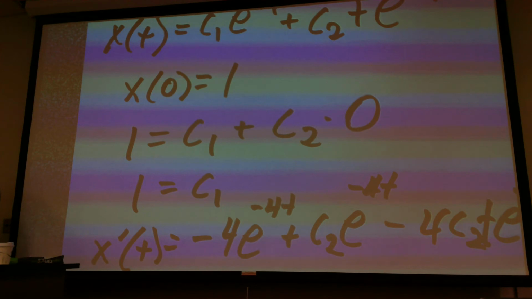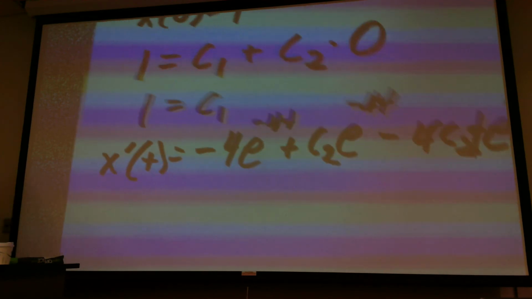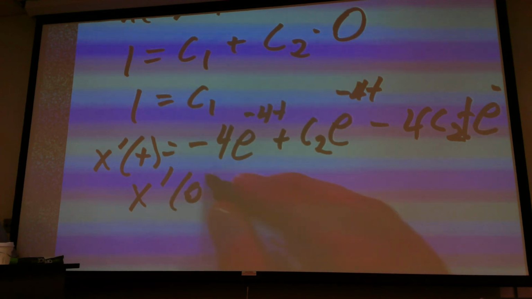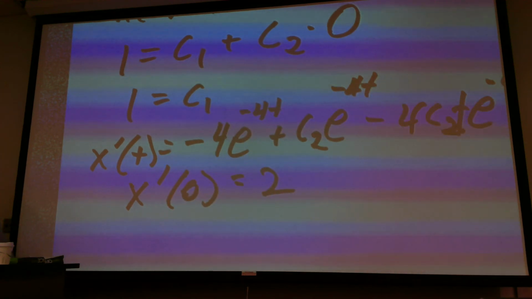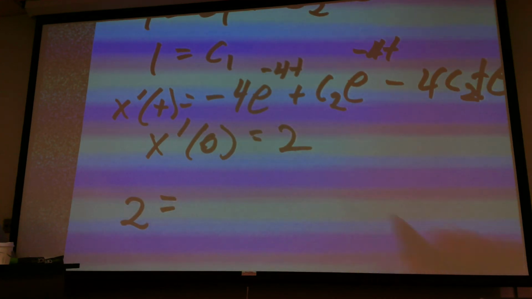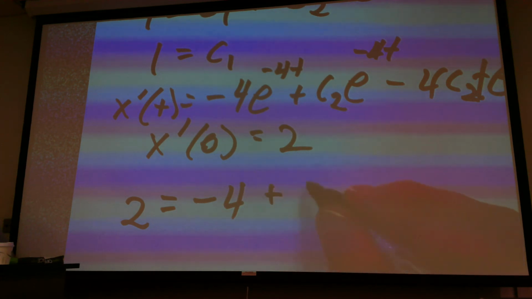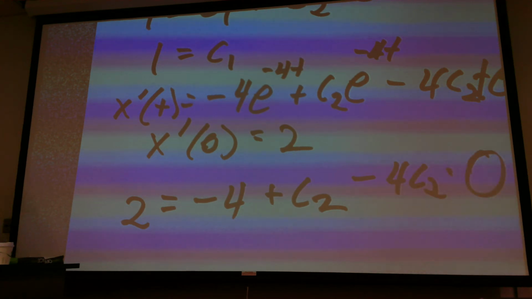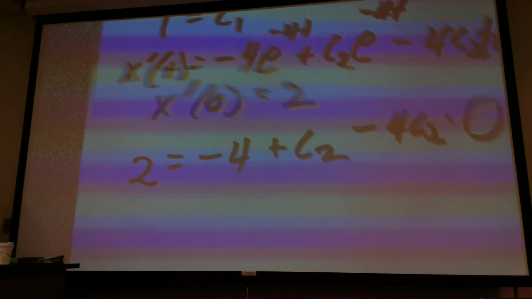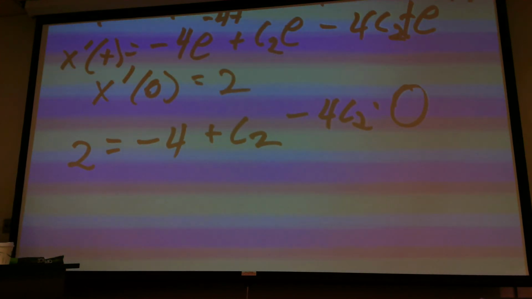It said that our downward velocity was 2, so x prime of 0 equals 2. So 2 is going to equal negative 4, and that's e to the 0, plus c2, and then minus 4 c2 times 0. I don't care about the 0.